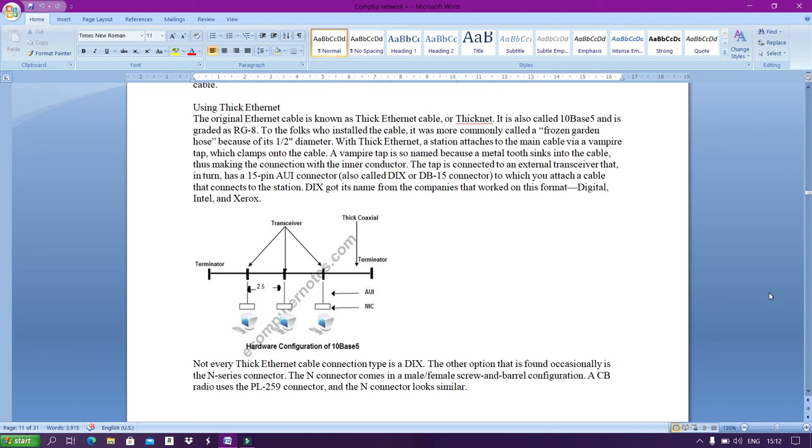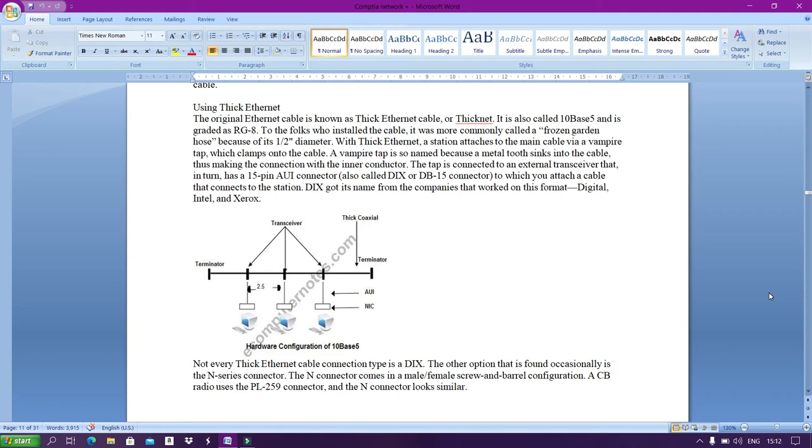Vampire tap is so named because a metal tooth sinks into the cable, thus making the connection with the inner conductor. The tap is also connected to an external transceiver that in turn has a 15-pin AUI connector, also called DIX or DB15 connector, to which you attach a cable that connects to the station.